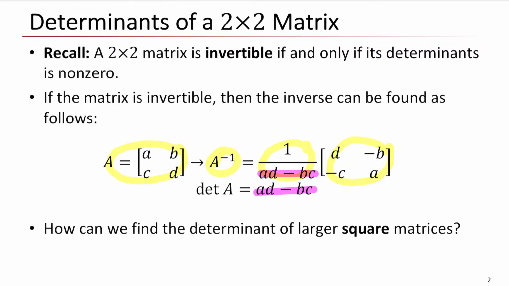Actually, this is a constant term, so it should be non-zero for the inverse of matrix A to be defined. So in this case, this AD minus BC is called the determinant of A.